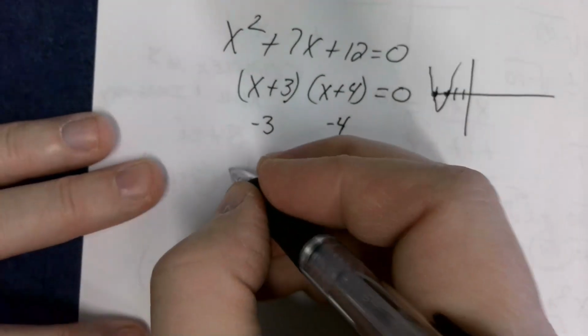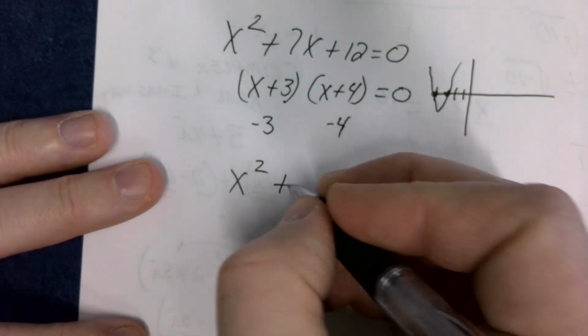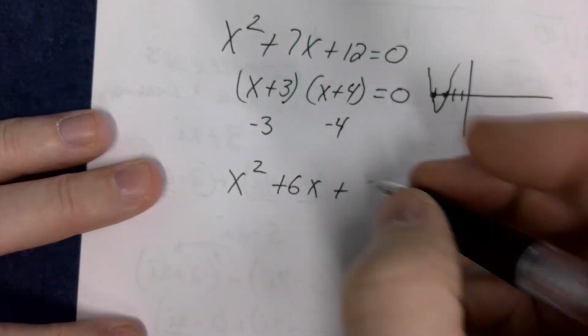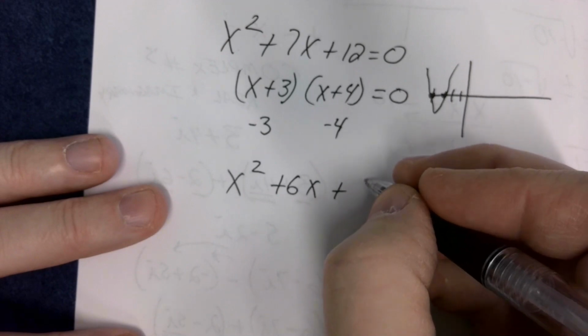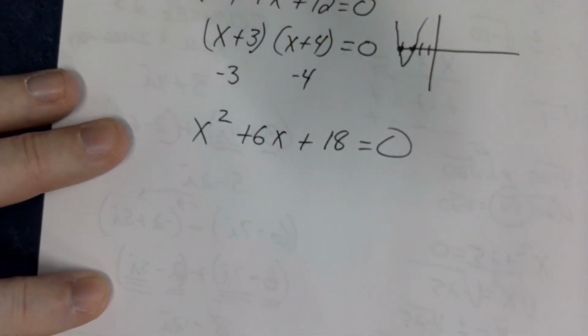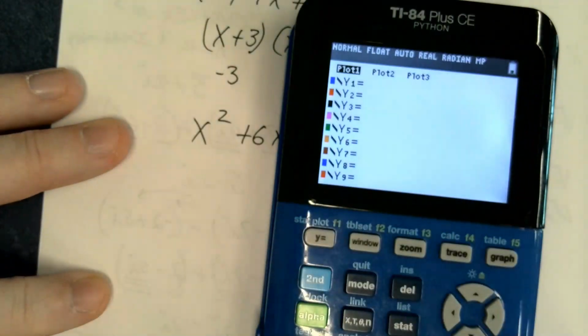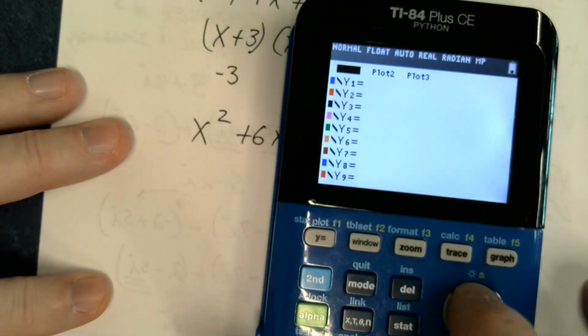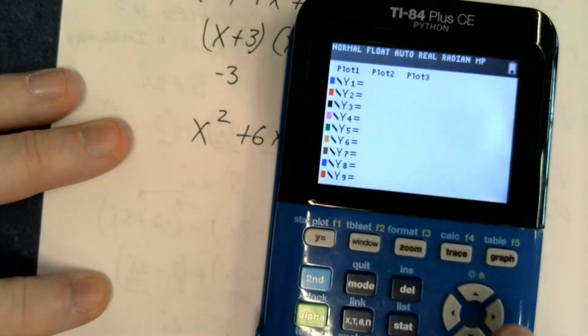Well, what happens if I had something like this? x squared plus 6x plus, let's say, 18 equals 0. Well, if I go right here onto my calculator, I'm going to turn my stat plot off because I don't want that to mess up anything.